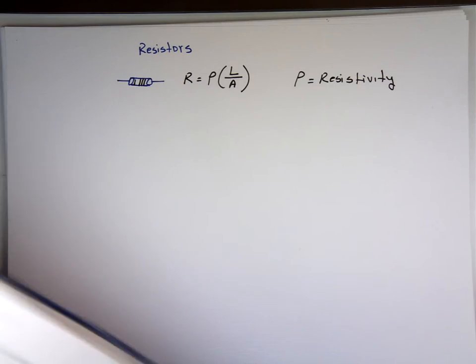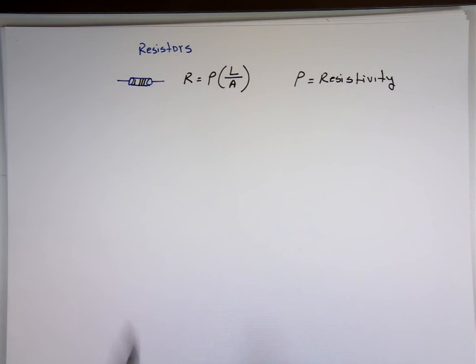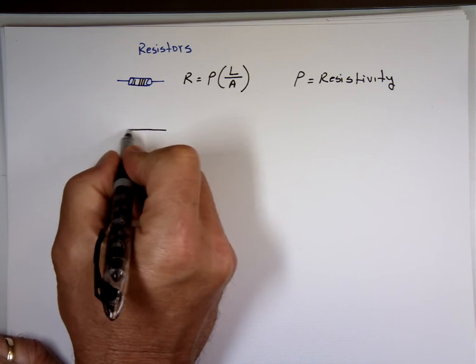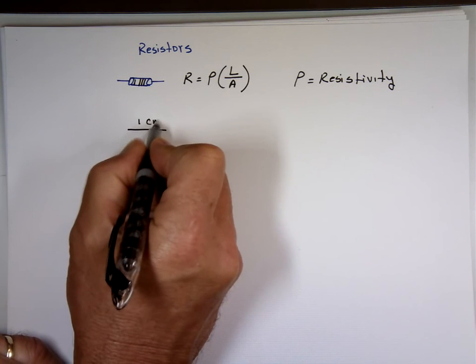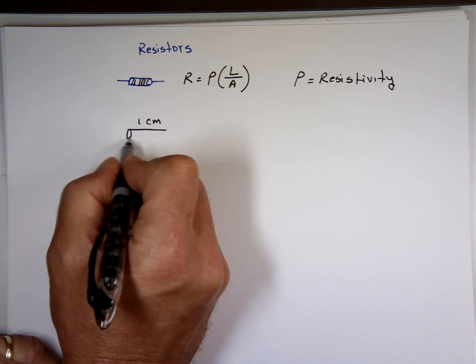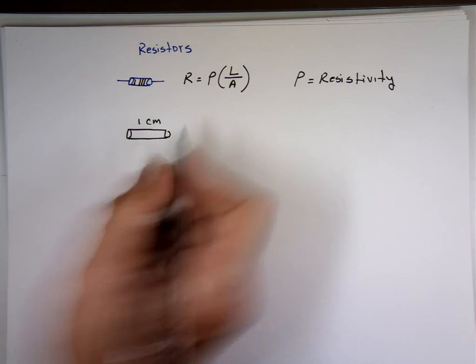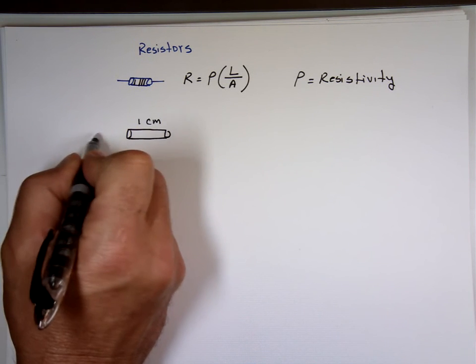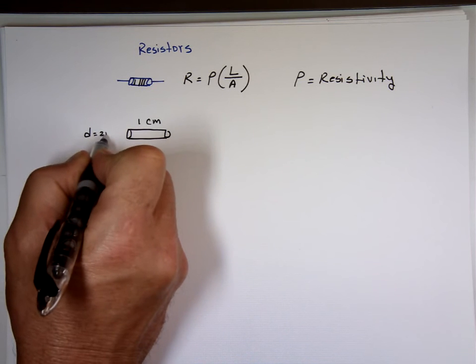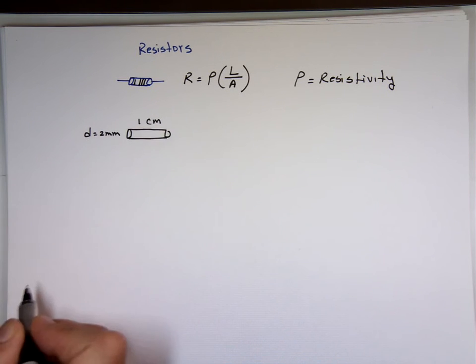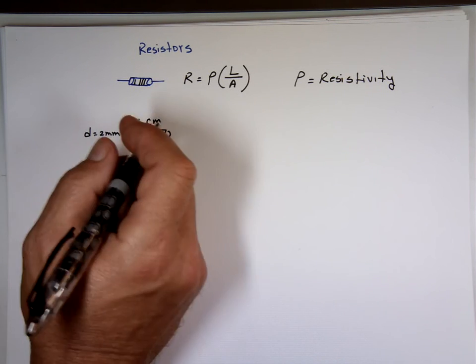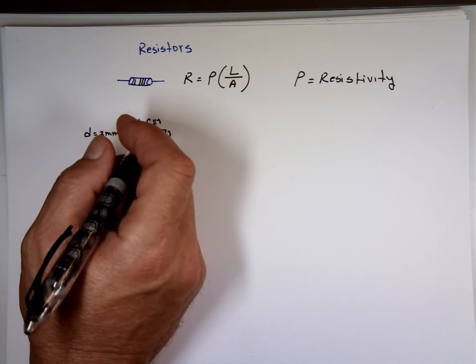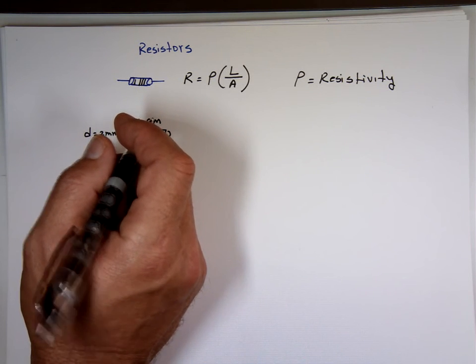So if I take a resistor, for example, a length of 1 centimeter long, diameter, let's say it's 2 millimeters, and I fill the inside of that, I don't know, let me pick, let's say quartz, the inside of that.